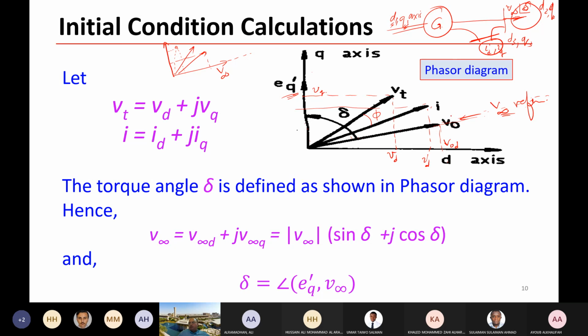So you have to rotate and adjust ID and IQ with the new reference. For single machine infinite bus, we will consider the direct and quadrature axis of the machine, and we need to project V infinity onto those axes. Okay, any other question?